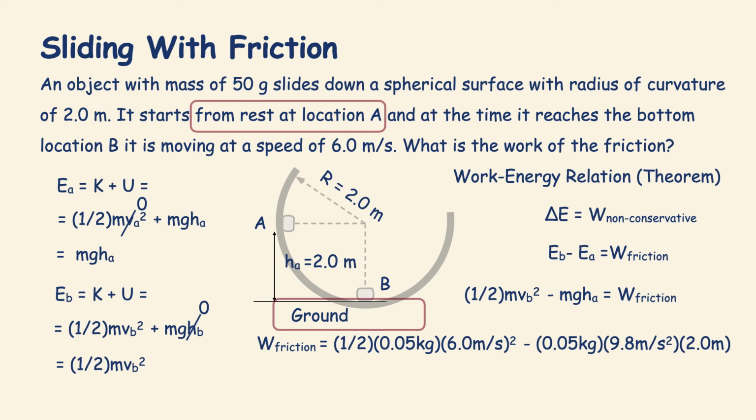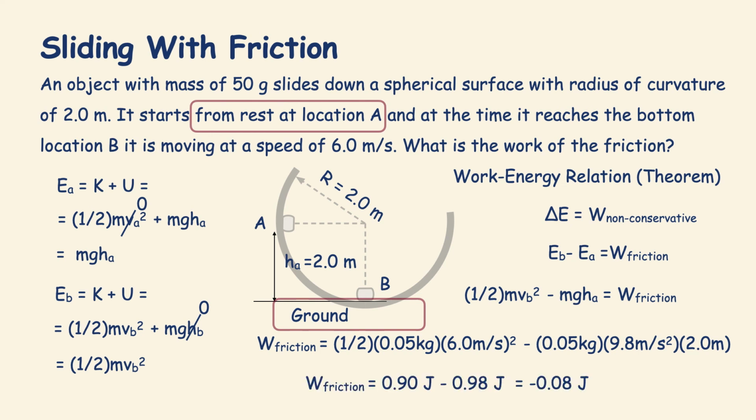So I'll have the work of friction is equal to 1/2 of 0.05 kilograms. Notice here I switched to the metric system. 50 grams is 0.05 kilograms, multiplied by the speed at the bottom, which is 6 squared, minus the energy at the top, which will be 0.05 kilograms times g, which is 9.8 meters per second squared, times the original height from which the object begins to slide, which is 2.